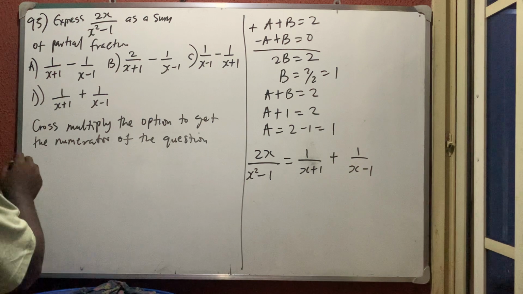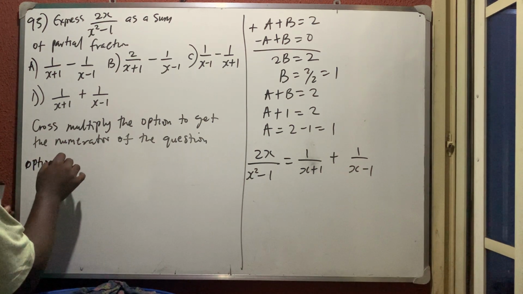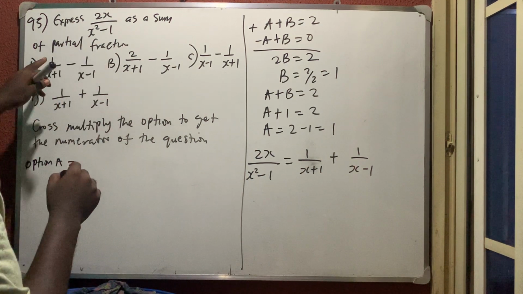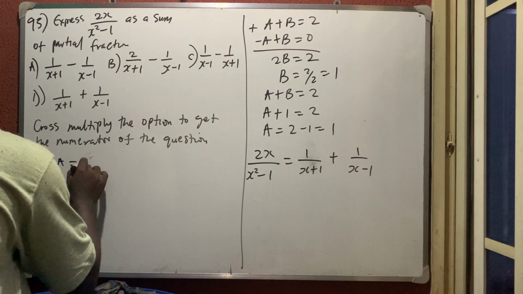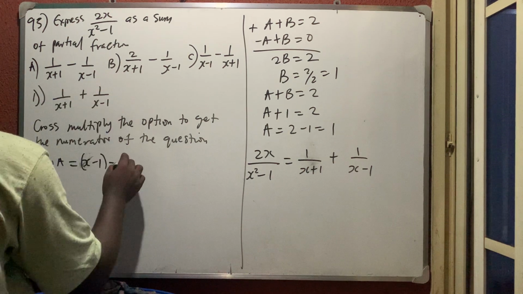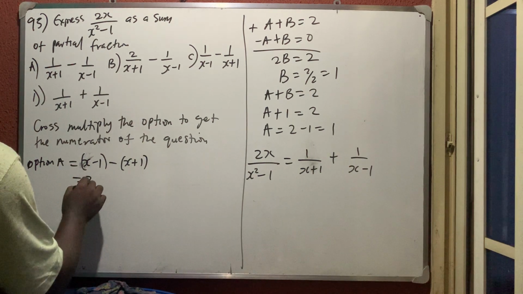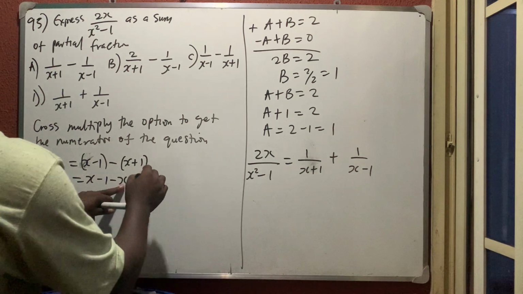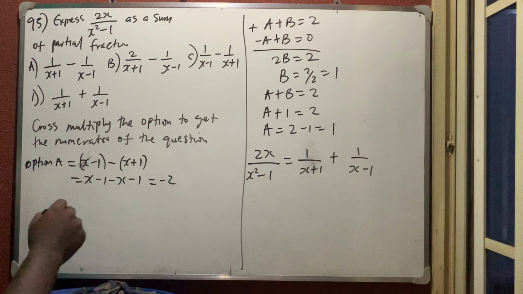Now, for option A, if you cross multiply, you are going to have this times this, you are going to have 1 times x minus 1, minus this times this, x plus 1. Now, if you open the bracket, you are going to have x minus 1 minus x minus 1. So this and this is 0. I'm left with minus 2. And minus 2 is not the same thing as the numerator. So the answer is not correct.